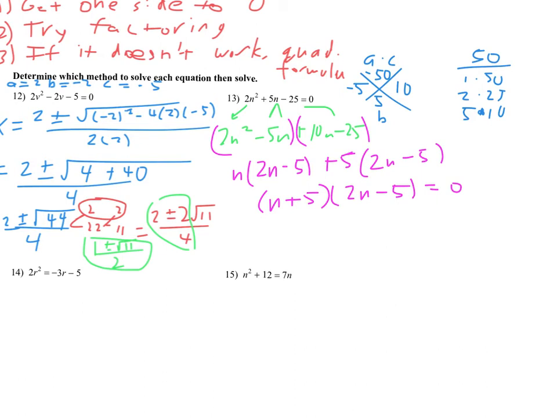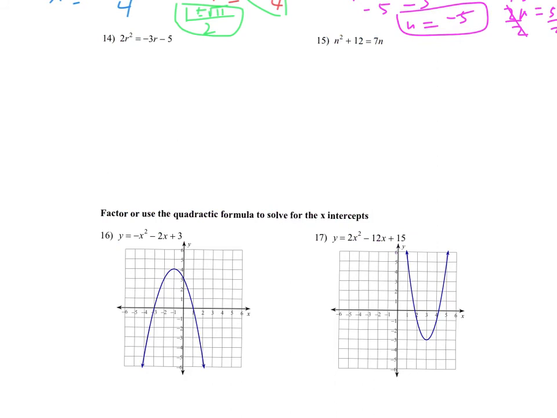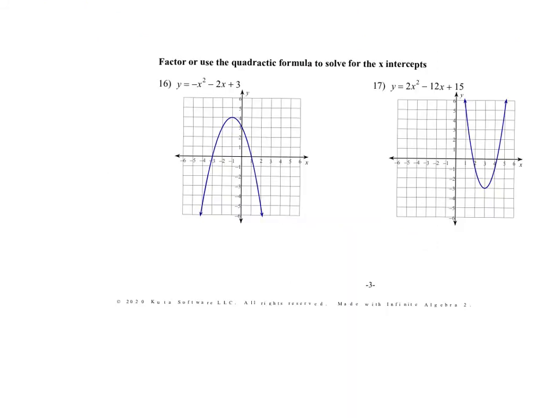Then remember, we need to split this up and solve it twice. So I'm going to say n plus 5 equals 0, and then 2n minus 5 equals 0. So n equals negative 5. And then, let's see, if we add the 5 over here, 2n equals 5, and n equals 5 over 2. So there we go. All right, we're going to go ahead and skip numbers 14 and 15.